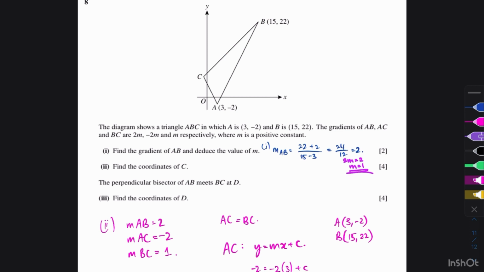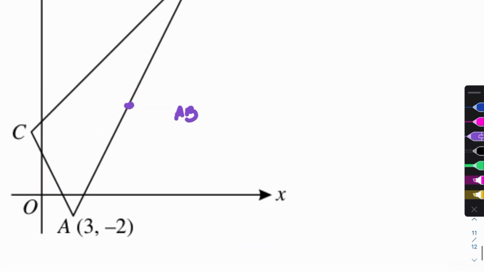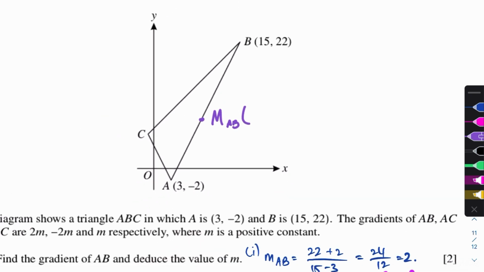The perpendicular bisector of AB meets BC at D. Okay, so the perpendicular bisector would be halfway between A and B. So there must be an M here, which is, so M AB. Oh, so this is capital M, and it stands for midpoint. So the midpoint between A and B.